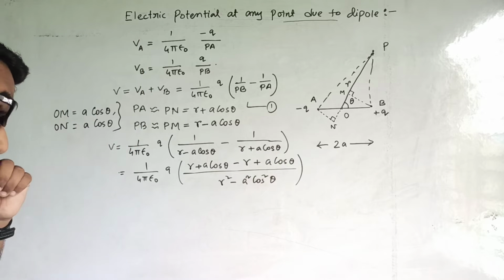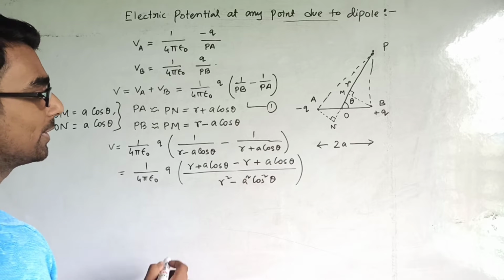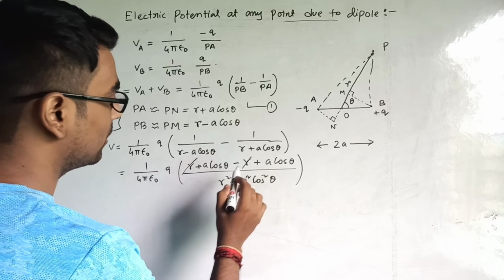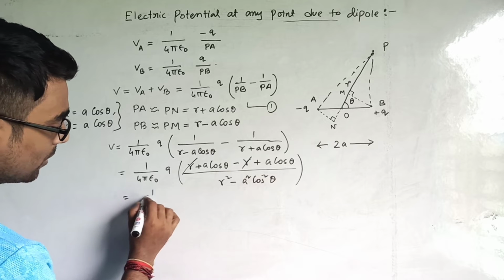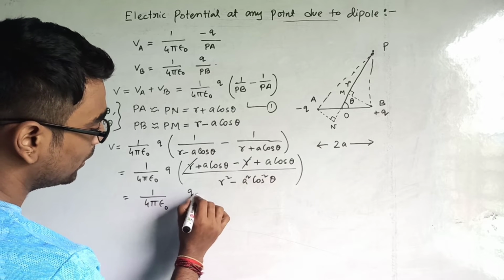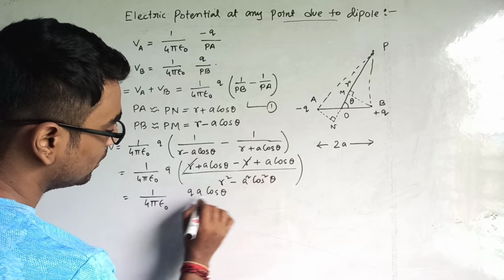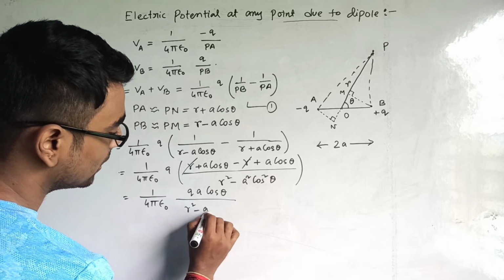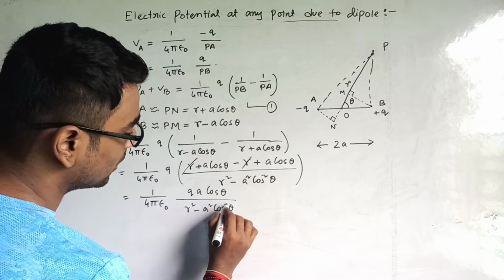So the R's will cancel out, and there will be 1 by 4 pi epsilon naught Q a cos theta divided by R square minus a square cos square theta.